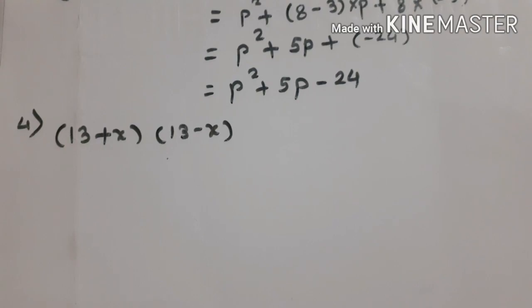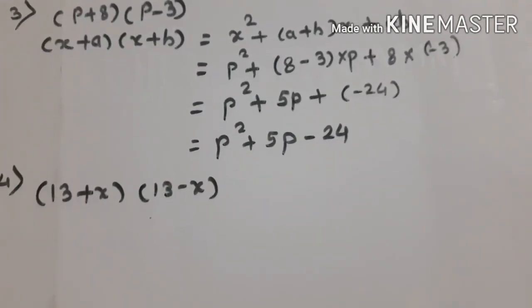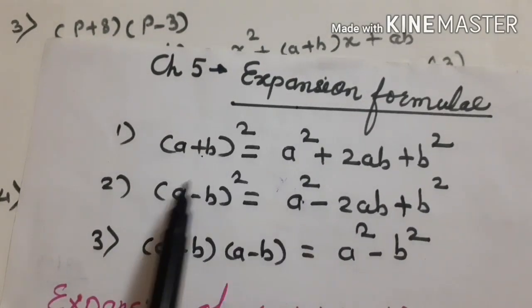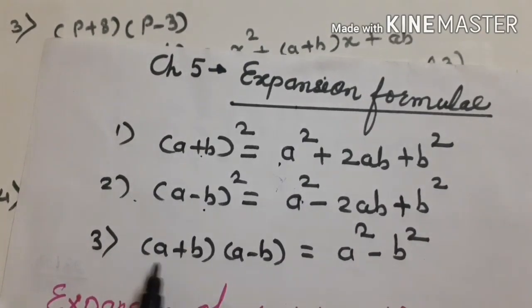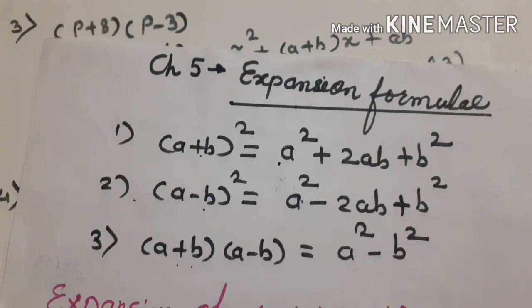Now the fourth example we have been given, 13 plus x and 13 minus x. You have already learned this expansion previously, last year in 7th standard. I also mentioned this formula at the start: a plus b whole square, a minus b whole square, and a plus b into a minus b. This is our fourth formula.